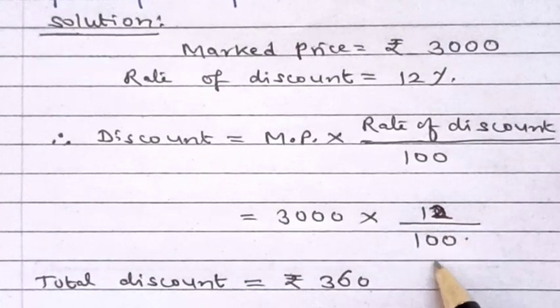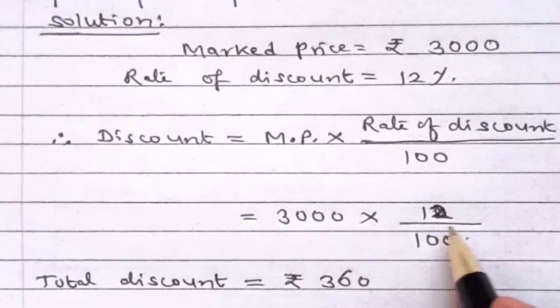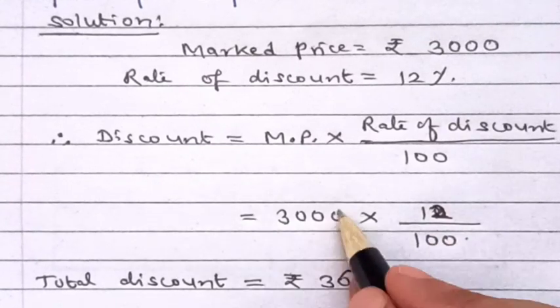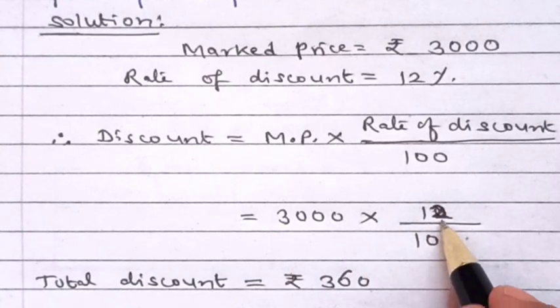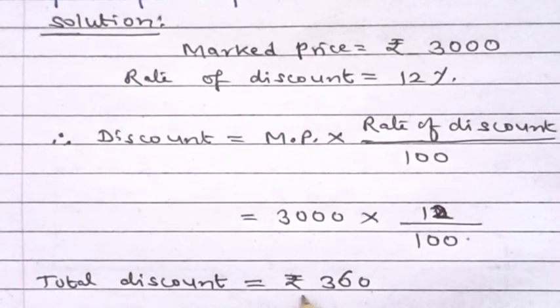So upon 100. So you got 3,000 into 12 upon 100. Now these two zeros cancel with these two and you will be getting 30 into 12. So that will give you rupees 360. So total discount is equal to rupees 360. This is your first answer.